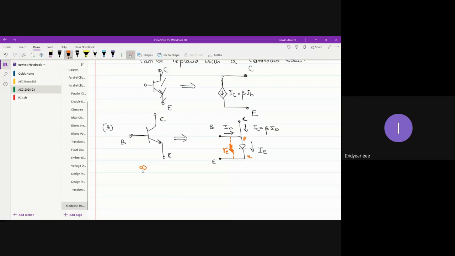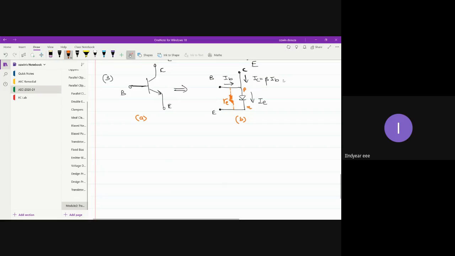So this is your circuit A, this is your circuit B. And IC is equal to beta times IB can be replaced with a controlled current source. Arrow direction is downward because IC current direction is downwards. So this is IC, which is equal to beta times IB.